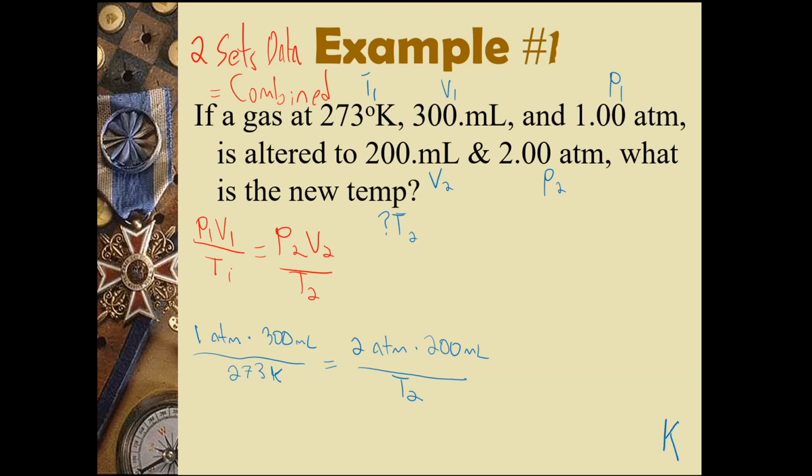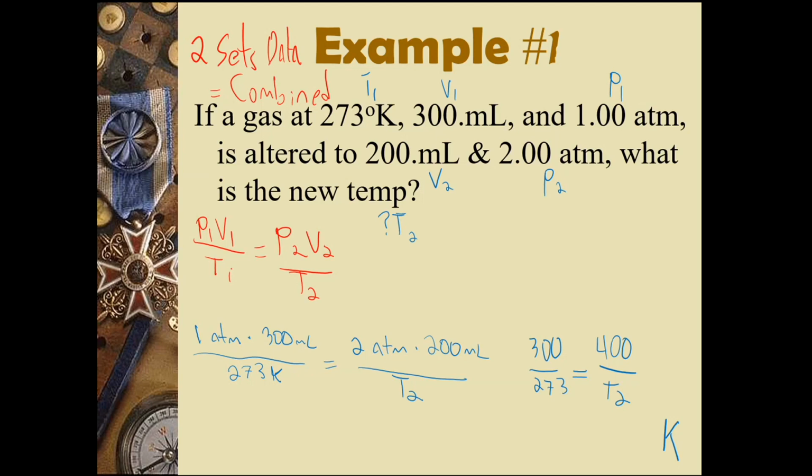So 1 times 300 is 300, because again, we don't care about units anymore, over 273 is equal to 400 over T2. Now at this point we want to cross multiply. Cross multiplying happens whenever you've got what you want on the bottom.